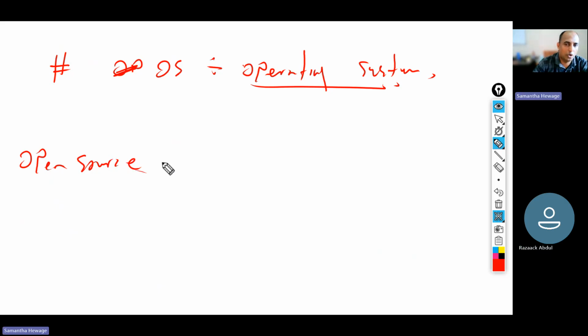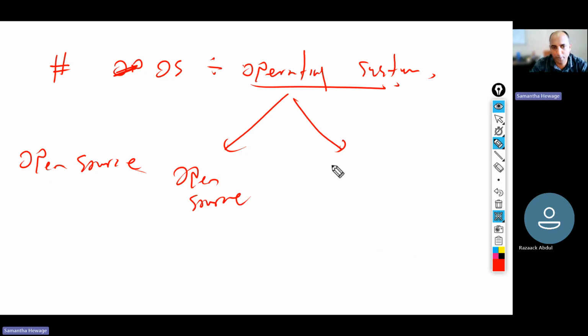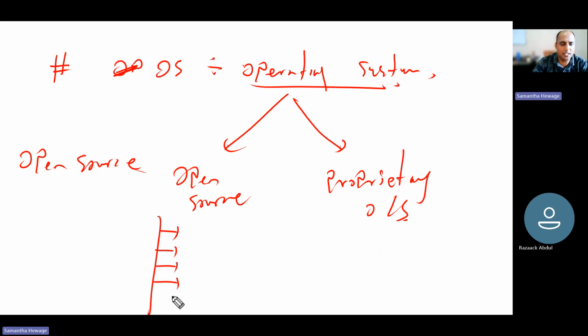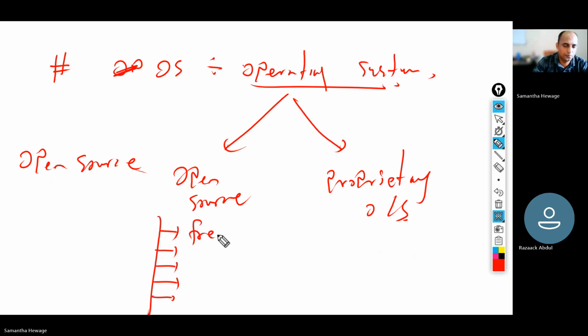Okay. Open source. So see, operating systems can be divided into two parts. We have open source. We have proprietary OS. Open source means the operating system is freely available on the internet. It's free to use. For example, Linux versions.